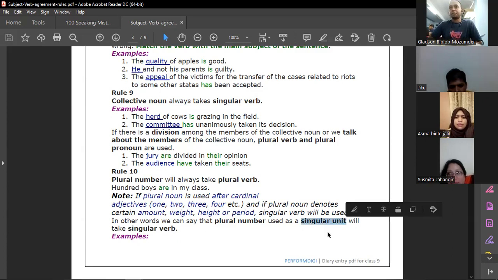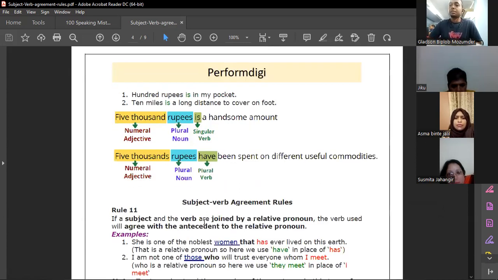Singular unit means it's talking about the whole group, using cardinal adjectives or talking about the amount, height, or period of the subject. Let's go with it: 100 rupees is in my pocket. 10 miles is a long distance to cover on foot.